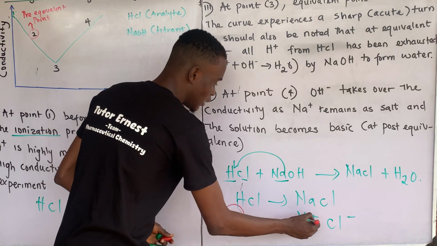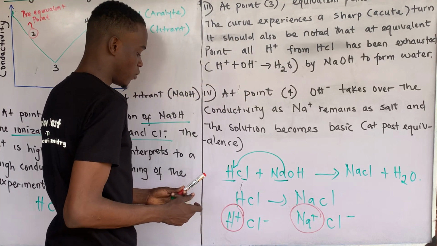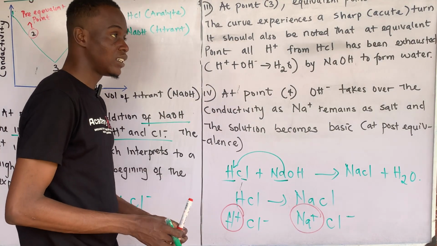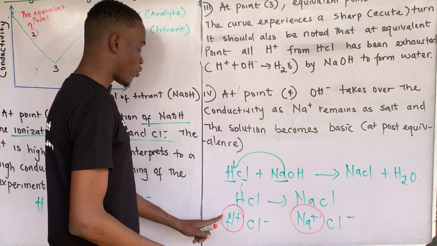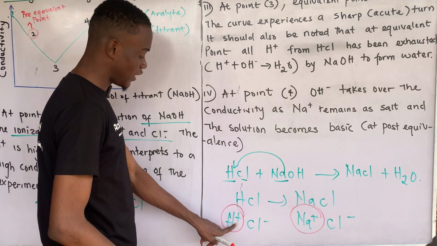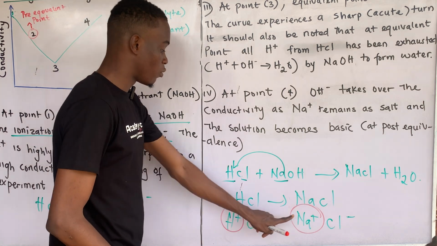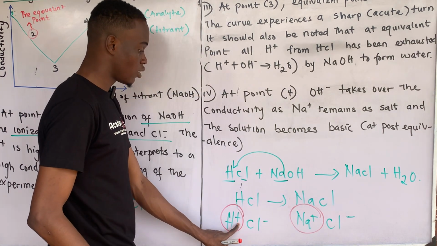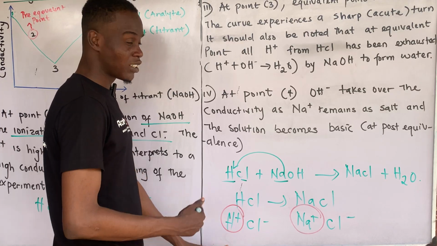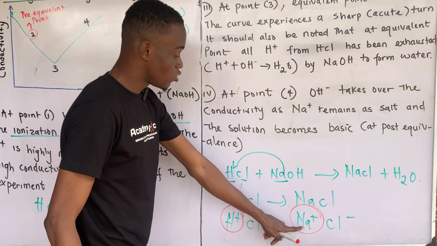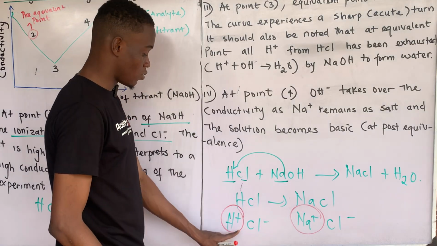H plus and Na plus. Remember, we said the higher the mass of the ion, the lower the conductivity. So as we are removing H plus from the solution and replacing it with a higher ion, the conductivity of the solution will start to reduce, because the sodium ion has a lower conductivity compared to the hydrogen ion.